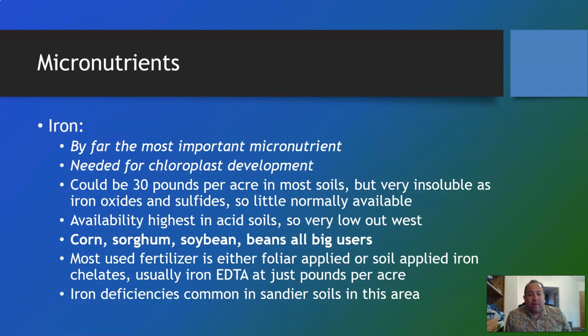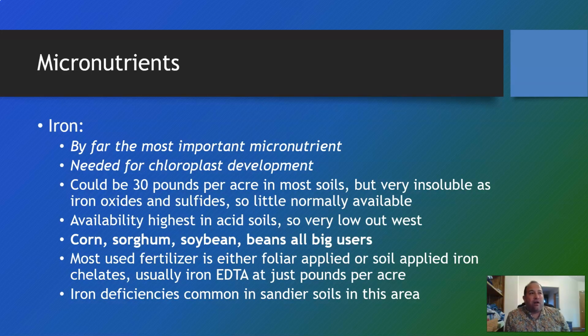Corn, sorghum, soybeans, and beans all really use iron, and they're all big iron fans. Most use fertilizers either applied foliarly, so to the leaves, or applied through the soil in terms of the chelates. Usually iron is put in at just a few pounds per acre, not like thousands of pounds per acre.